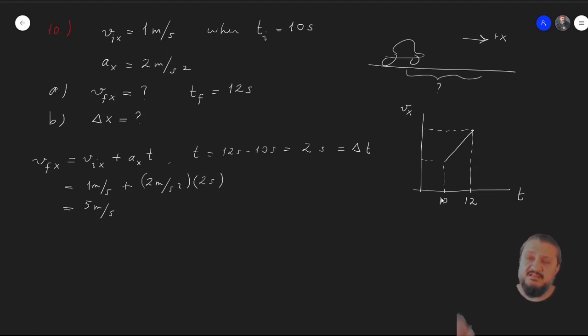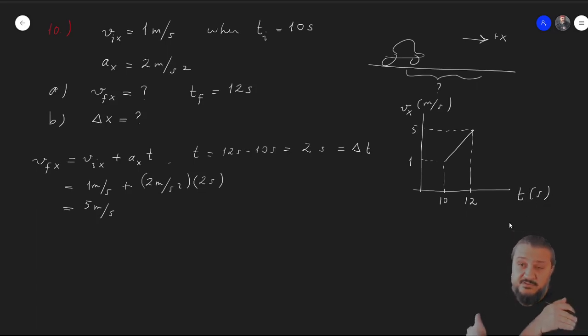This is not drawn to scale, so it looks like it's going to cross 0, but it won't, so be careful. Vx simply increases from 1 to 5 meters per second, and that happens in just 2 seconds. That's how you would draw it using the given data.